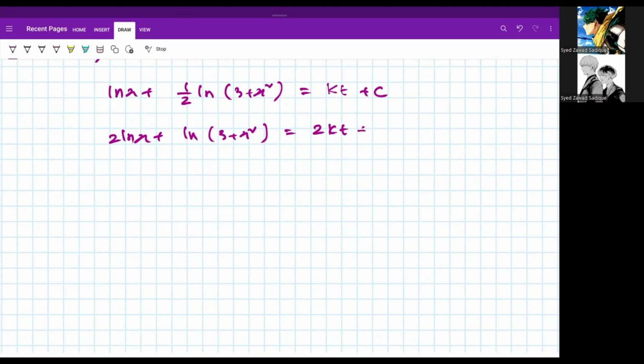Why did I not write 2c? Because 2 into c is a constant, right? Instead of writing 2c, you can just write c. Let's say c is equals to 5, so 2c is equals to 10.